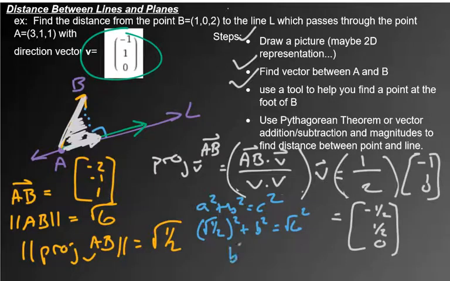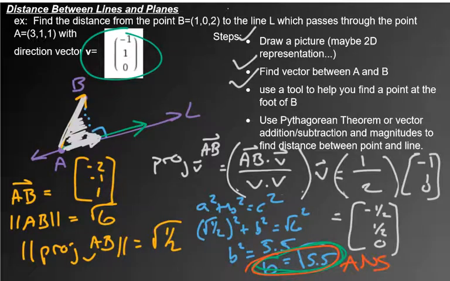So I guess b squared is about 5.5, and then b is whatever, we'll just call it the square root of 5.5. And so this would be the actual distance. Maybe I'll do this in red. So this is the final answer, and that final answer is really that exact distance from B down to L there.